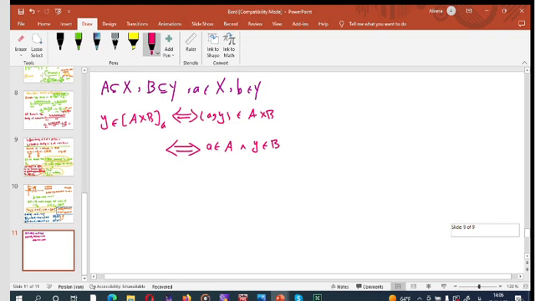So we have these two cases. If A belongs to A, then this statement holds, so we must have this condition. And if A does not belong to A, this is false, and so this statement is false.